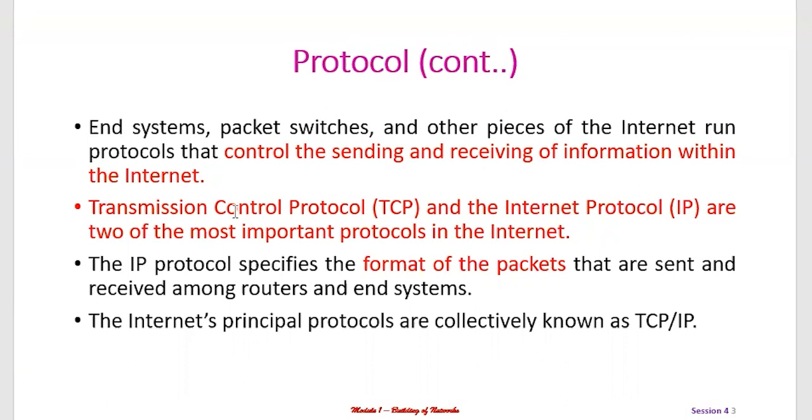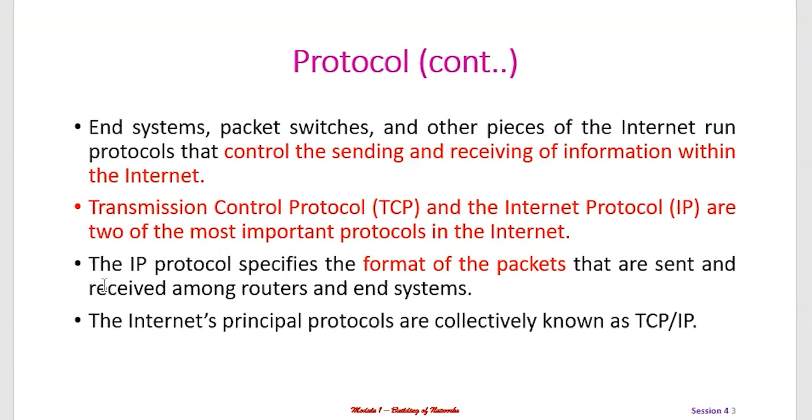In the internet, two protocols are used. One is called Transmission Control Protocol, shortly TCP, and the other is Internet Protocol, IP. They are the two main important protocols used in the internet to control sending and receiving of information.